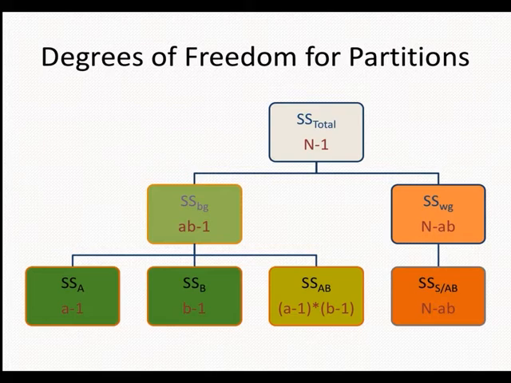So if there are 3 groups in the variable A, then it's 3 minus 1, it's 2. And for B, that's the same, B minus 1. And then the interaction is the product of A minus 1 times B minus 1. And then for the within group, it's the total sample size minus the number of cells. So that's A times B.